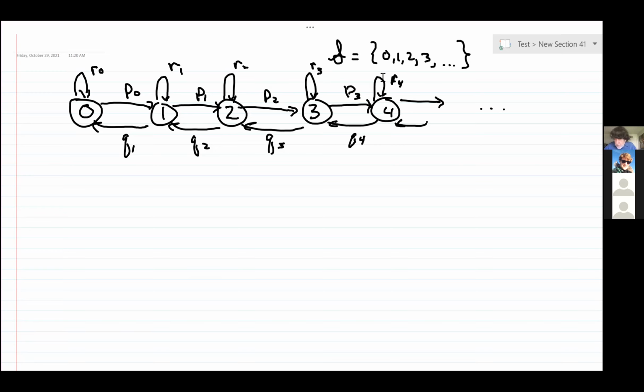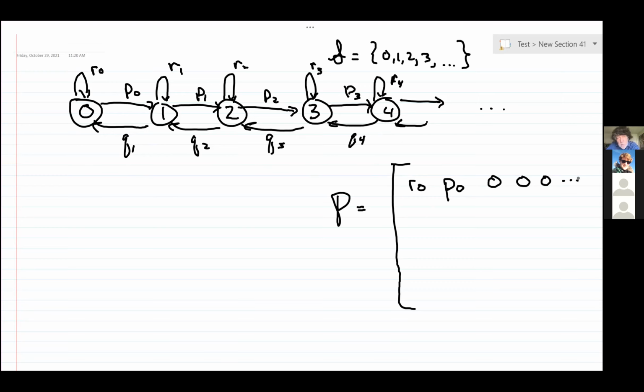If we were to set up the P matrix, what would it look like? The chance of going from 0 back to itself would be R0. Chance of going from 0 to 1 would be P0. And from 0, you can't go to any other state in one tick of the clock. So there'd be zeros the rest of the way.